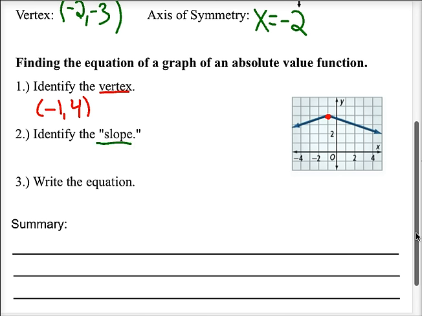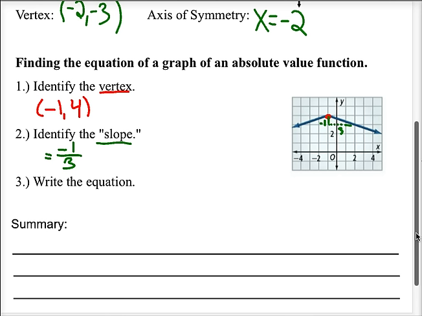The slope. Here you have -1, 3. So rise of -1, run of 3. You probably even noticed this, that the vertical stretch basically was identifying slope for you. So just a little trick of the trade for these absolute values: that slope is a version of a vertical stretch.